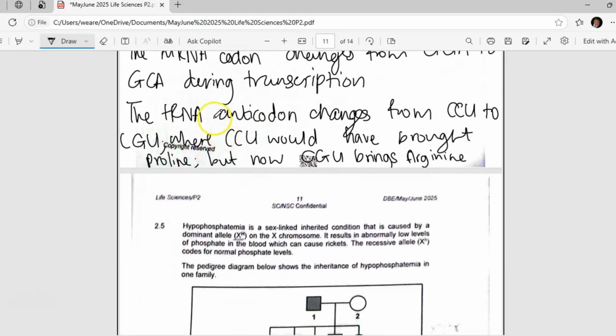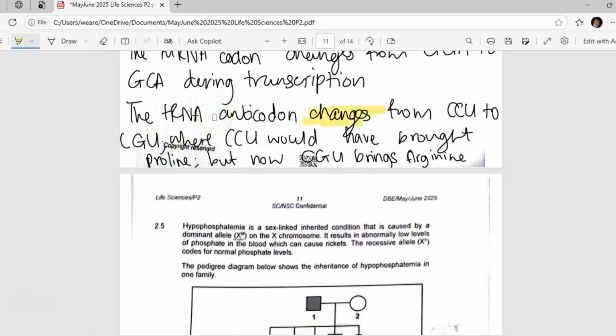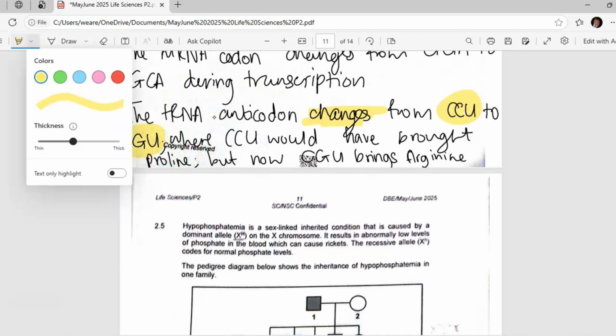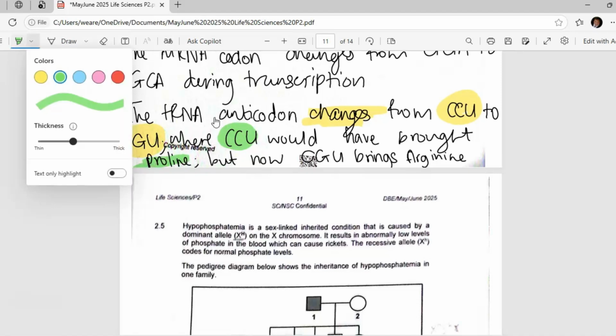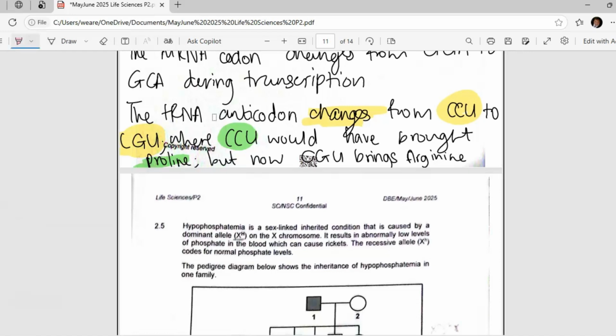So I just want to explain why I'm doing it this way. Firstly, I'm saying what change took place. Now I'm saying if it was still CCU, it would have given us proline. But it changed from CCU to CGU, and it now brings arginine.